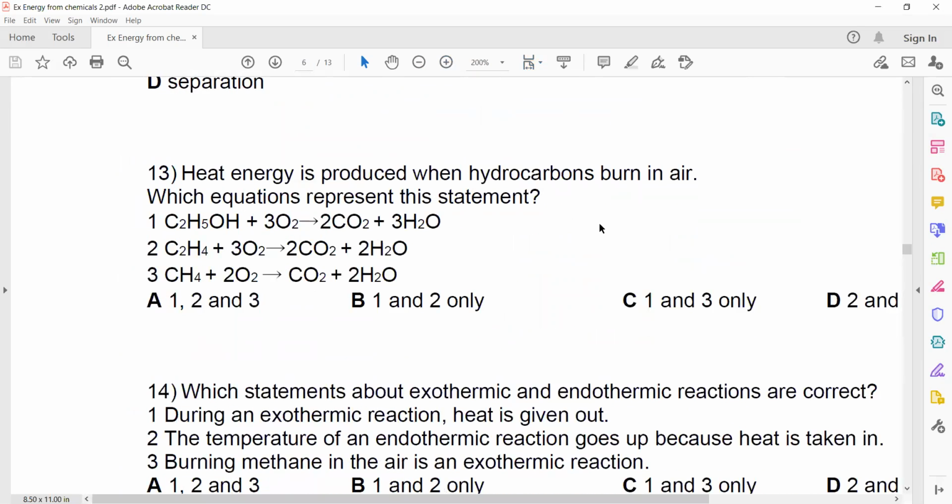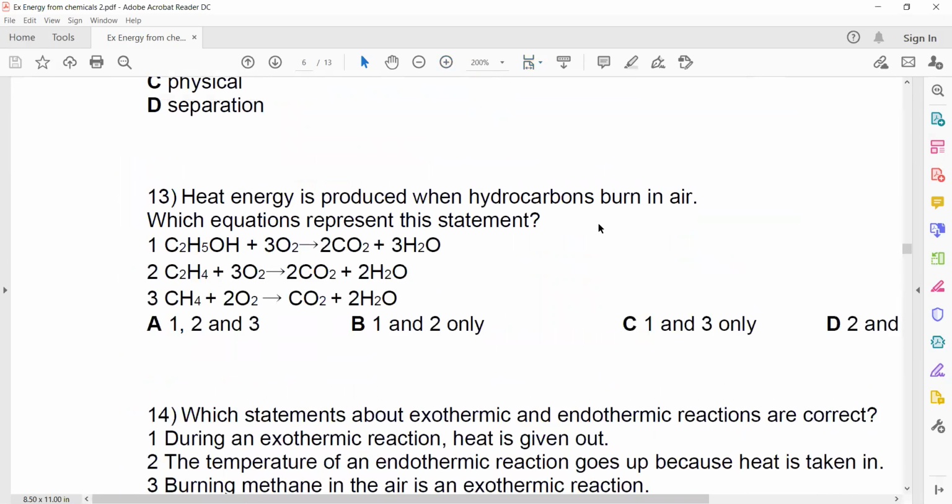Heat energy is produced when a hydrocarbon burns in air. Which statement represents this? The term hydrocarbon means a compound which contains carbon and hydrogen only. In this first example, you can see the compound contains carbon, hydrogen, and oxygen, so this is not a hydrocarbon.